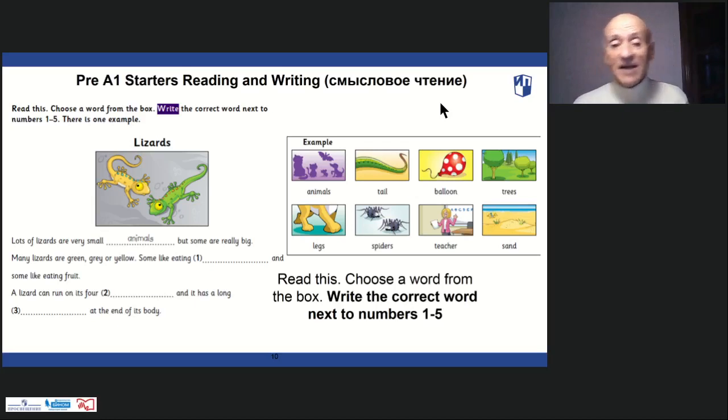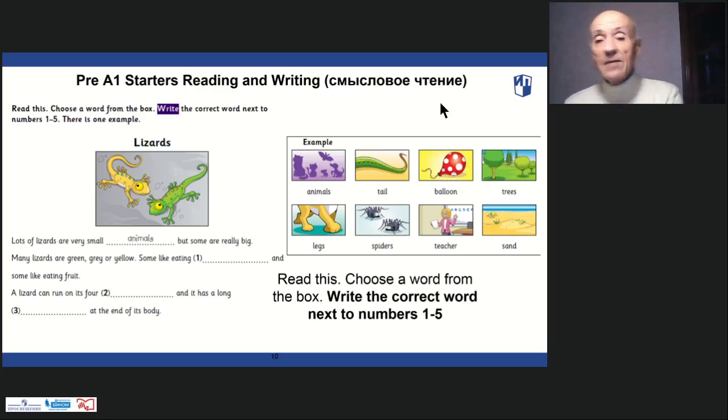Of course, they like eating spiders, and some like eating fruits. A lizard can run on its four legs, and it has a long tail at the end of its body.